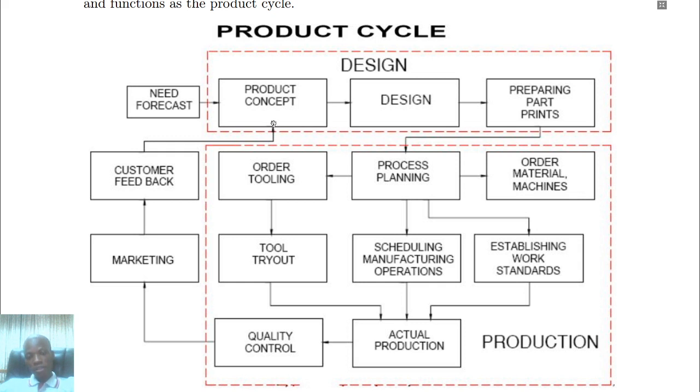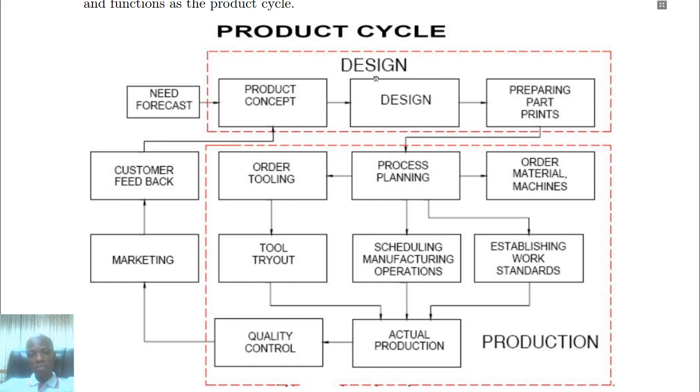If you are going to improve it, what are the expectations of your customers, or what are the comments and suggestions that they are giving on the product, and with that information, you improve on the concept. Then we go through the whole process again.